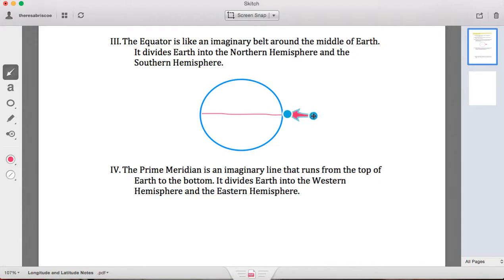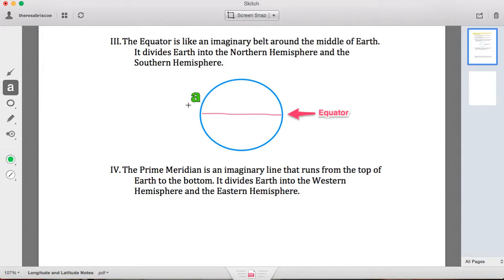I'm going to draw a little arrow pointing to it, and then come over to my text and type equator. This way, I have a picture to go along with my words up here. If you were to look at Earth from space, you're not going to see this line. It's imaginary, but it divides the Earth into the northern and southern hemisphere.